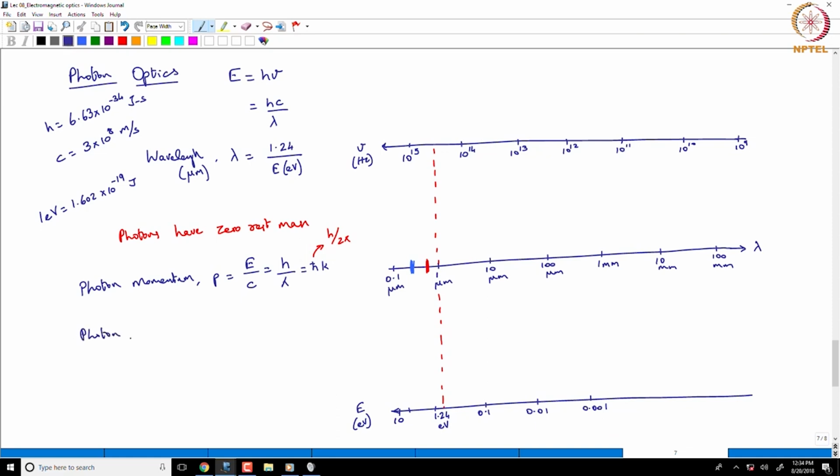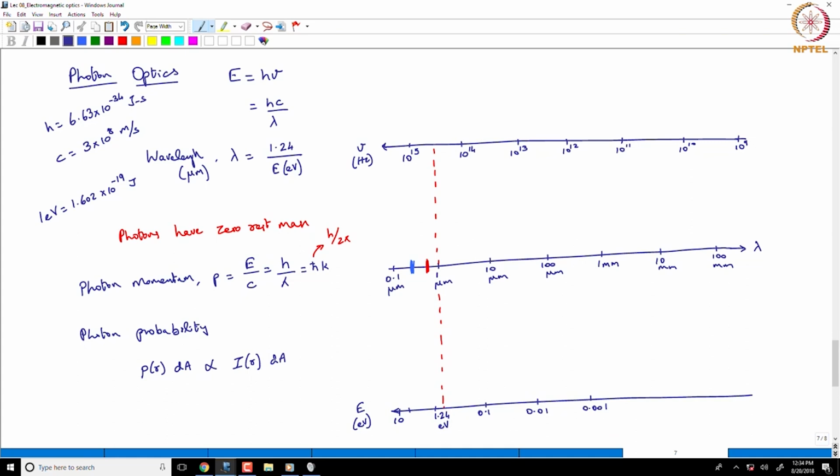The probability of finding a photon at a particular location r, so P of r over some unit area, right, is actually proportional to the intensity of light in that location, okay.